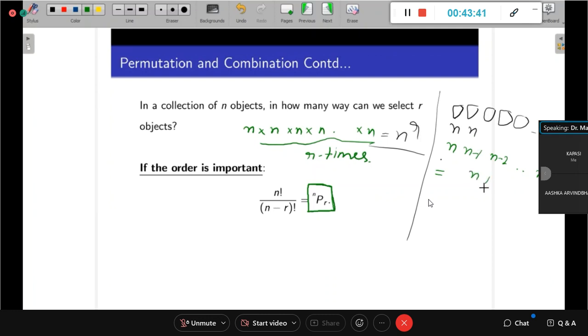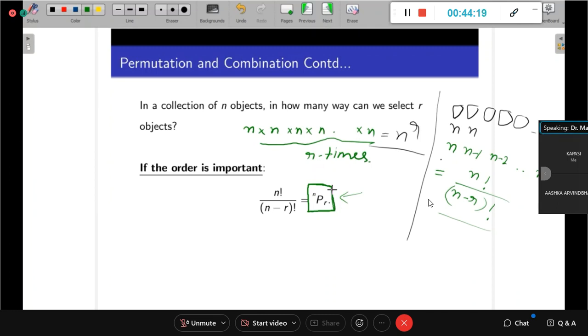So it is n factorial divided by n minus r factorial. You are just multiplying by n minus r down to 1, but that is nothing but 1. So when repetition is not allowed, you have this. The notation is permutation, if the order is important.